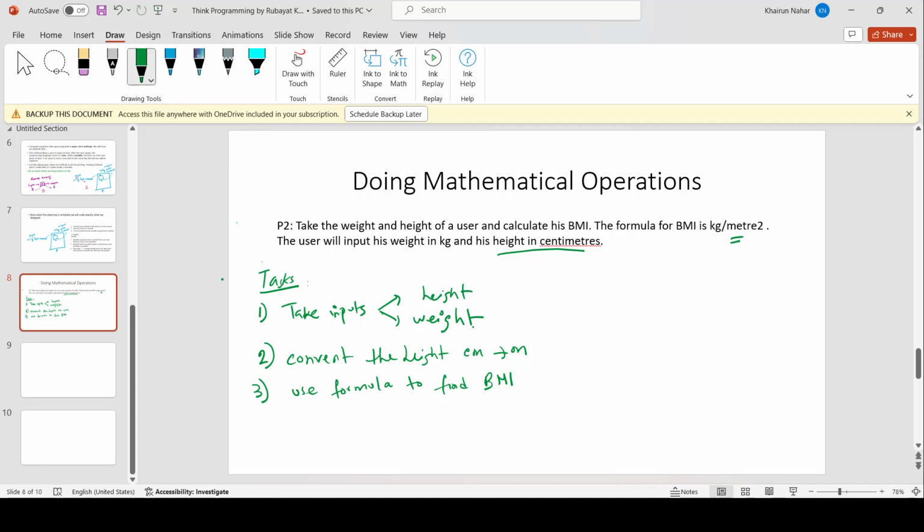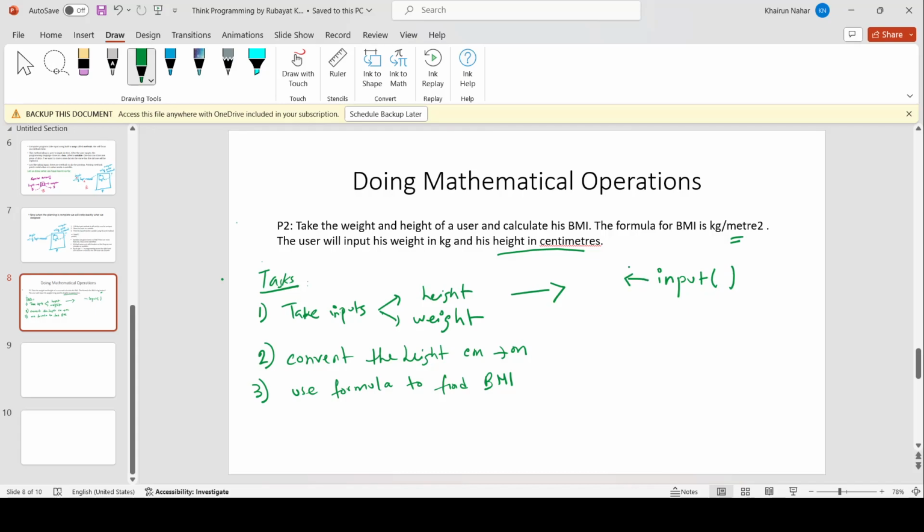Now let us solve this task individually. The first task is basically take a pair of inputs. From the previous lecture, we already know how to take inputs. And it's basically by using some built-in function named input, if you remember. So one function input takes one input.